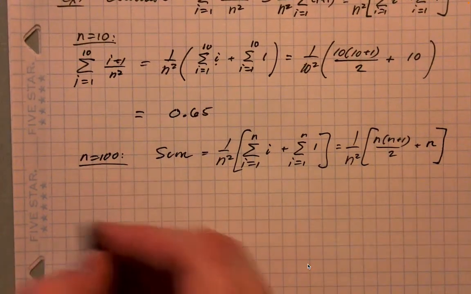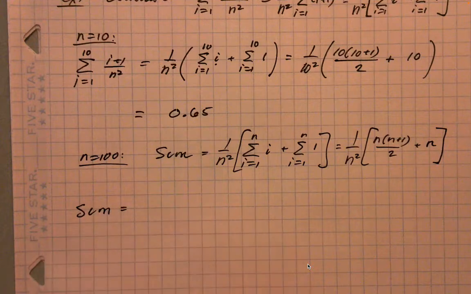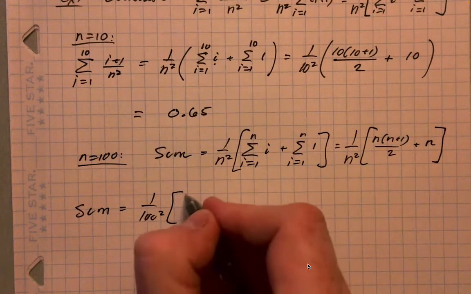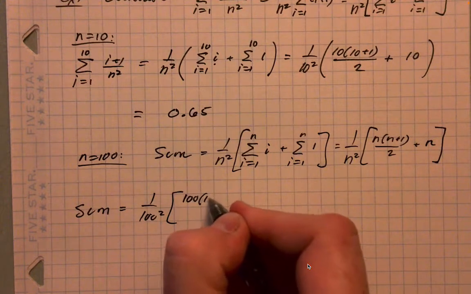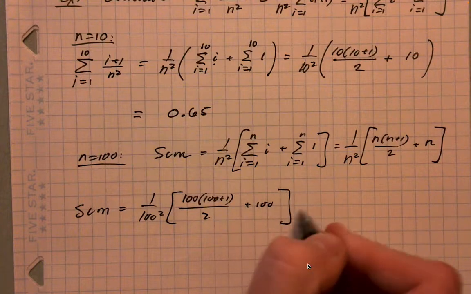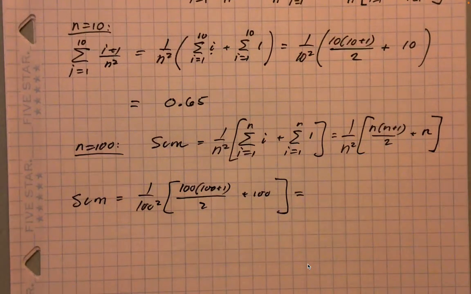And so for n equals 100, the sum will equal 1 over 100 squared times 100 times 100 plus 1 over 2 plus 100. That's what it'll look like.